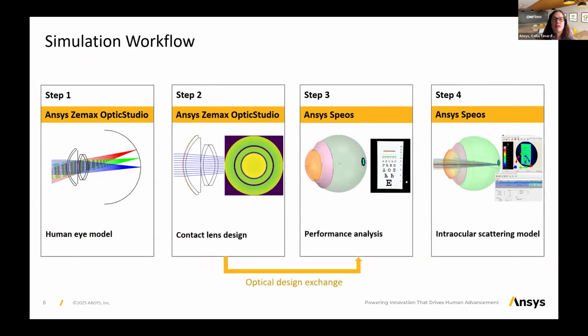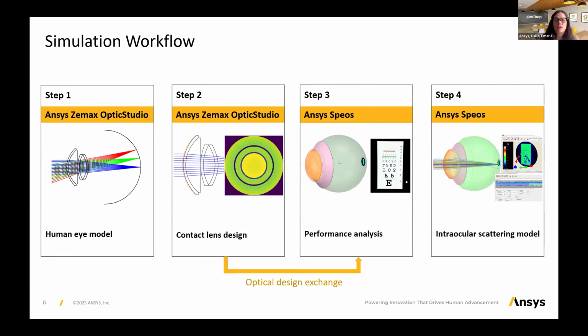What this means in the specific application of correction design for presbyopia is that we can leverage the Ansys Optics tools with the following simulation workflow. We can start by modeling the human eye itself in ZMAX Optics Studio's sequential mode by ray tracing.